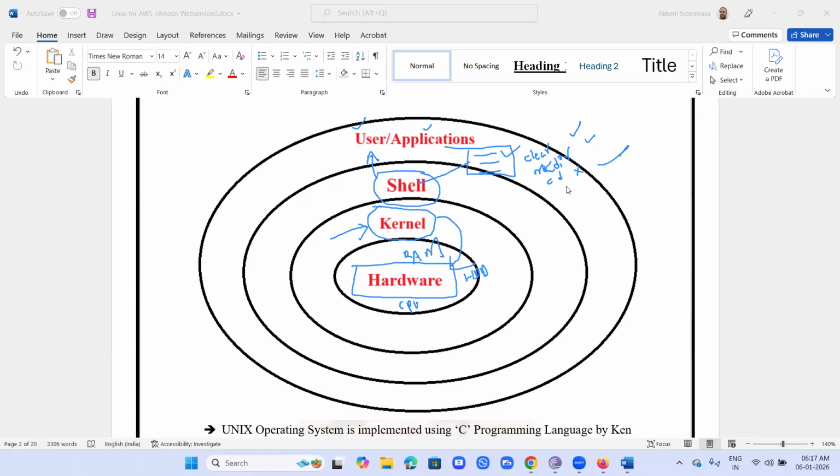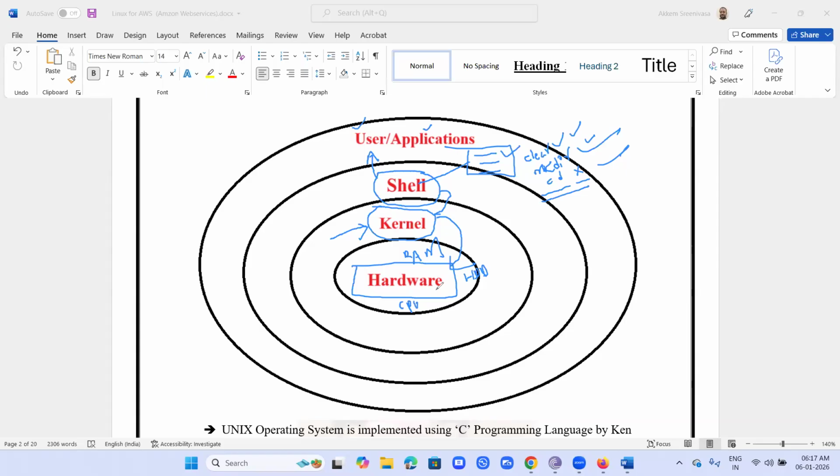The shell is going to convert these human readable format commands to kernel understandable format. Then the kernel is responsible to communicate with the hardware, and based on these inputs, it is going to execute the corresponding action.